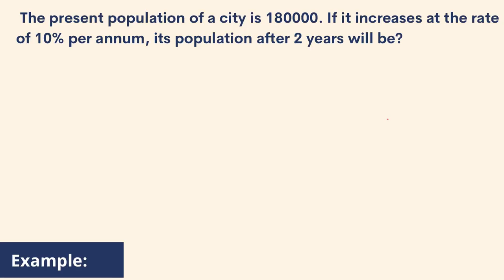This is our example. The example is saying the present population of a city is 1,80,000. If it increases at the rate of 10% per annum, its population after 2 years will be. So first I will use the formula. According to the formula, P equals 1,80,000, R equals 10%, N equals 2.